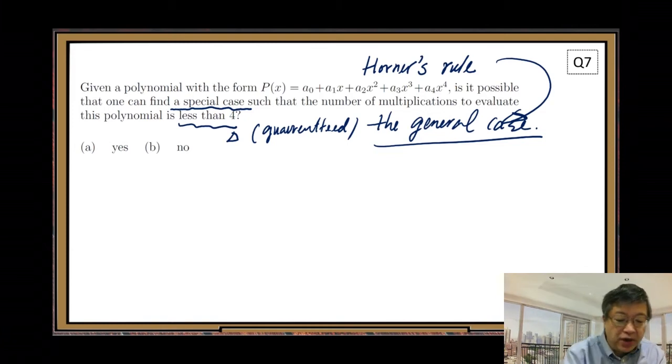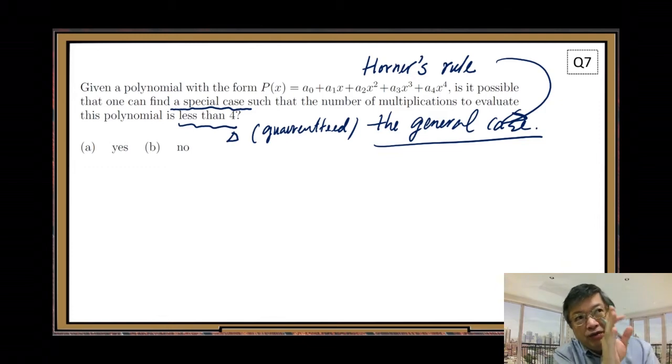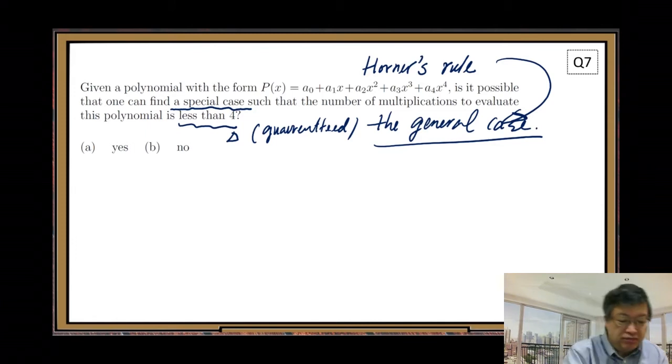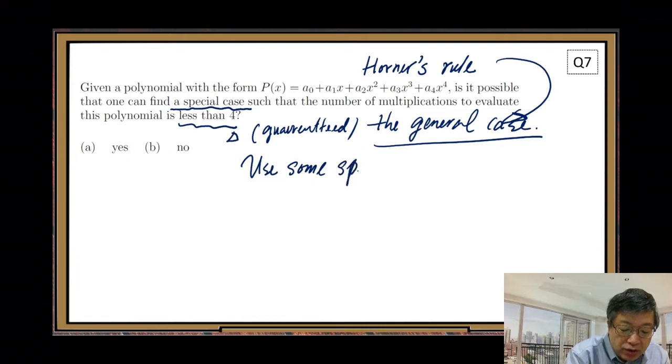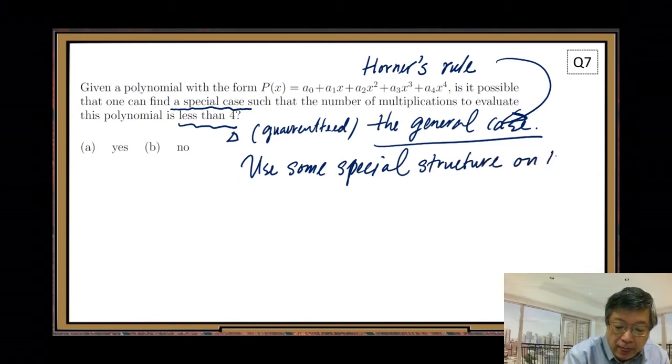But this question is different. This question, we only need to find one special example. If this example has some special structure, we are allowed to use some special structure on this polynomial.